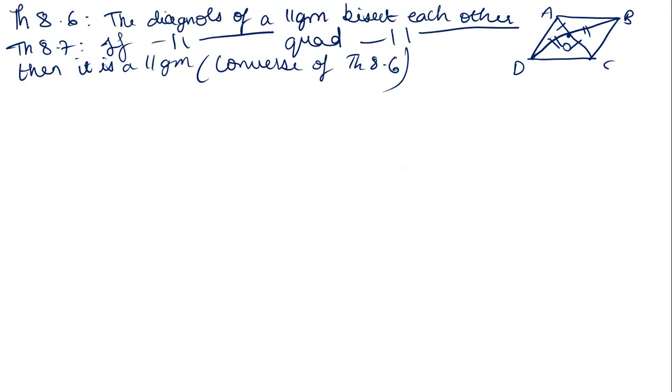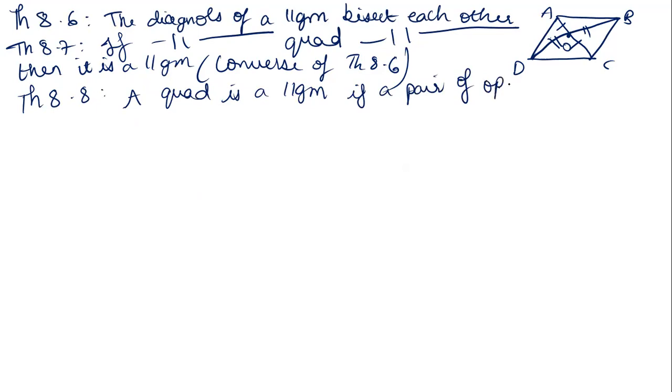Last but not the least, here we have theorem 8.8. Okay, I mean last but not the least means for this session. So for this session, theorem 8.8, which is the last theorem we're going to be learning under the properties of a parallelogram. That is, any quadrilateral is a parallelogram if a pair of opposite sides is equal and parallel.